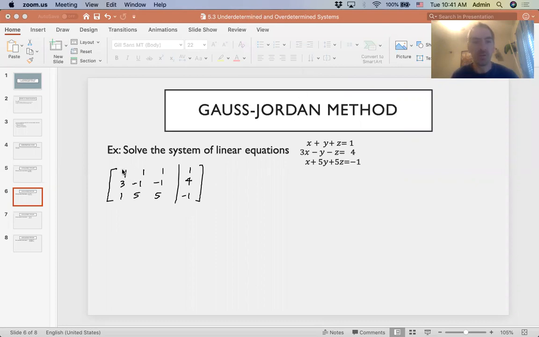That first entry is already 1, so we want to set everything else in that first column to be 0. We do that by adding to row 2 the additive inverse times row 1, and to row 3 adding the additive inverse times row 1.